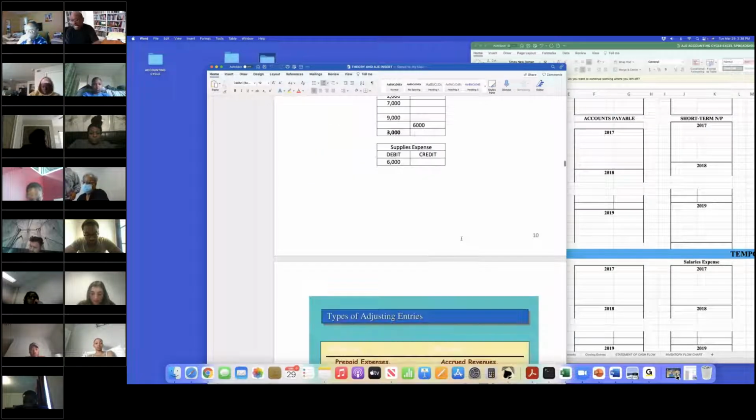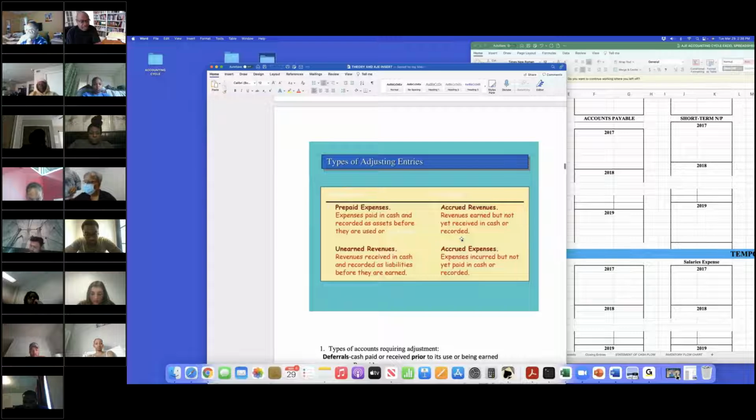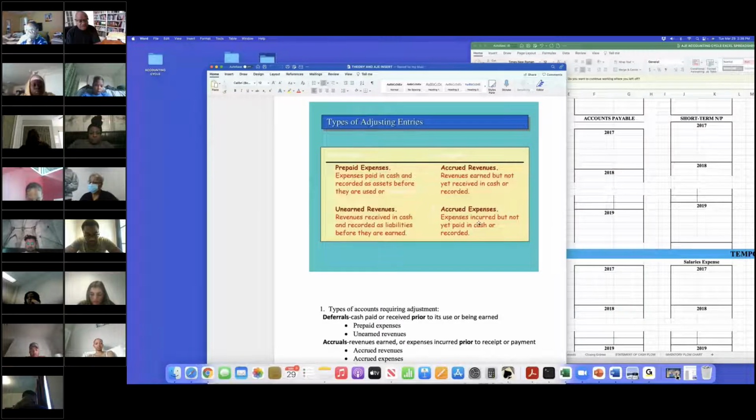We said there were 4 types. Prepaid expenses, we started on those. Well, we started with unearned revenue, which we said was the easiest one. And then we moved to prepaid expenses, and we'll be finishing that up today. Then we moved to accrued revenue and accrued expenses.